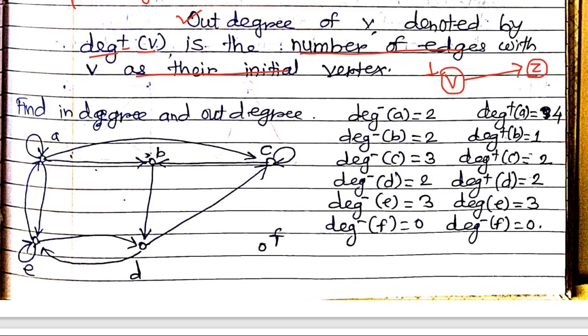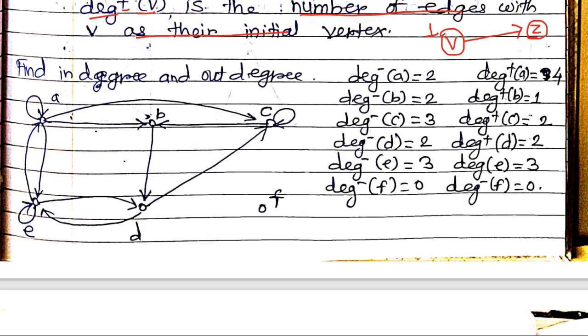Consider this directed graph having 6 vertices: a, b, c, d, e and f. Now we will see the in degree and out degree of every vertex. Consider vertex a. There are 2 incoming edges, so the in degree of vertex a is 2.